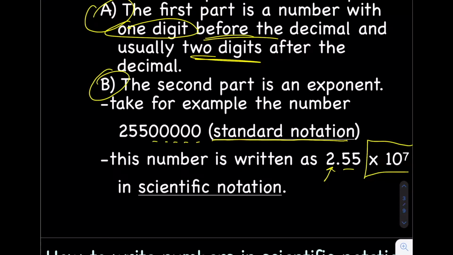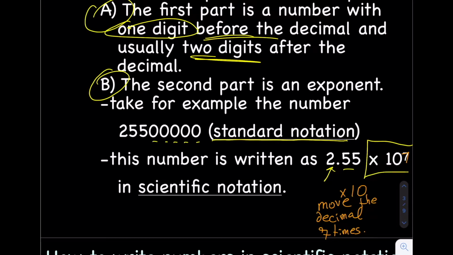Now, what times 10 means: it does not mean 2.55 multiplied by 7. This times 10 here means move the decimal, and the exponent, the 7, means 7 times.